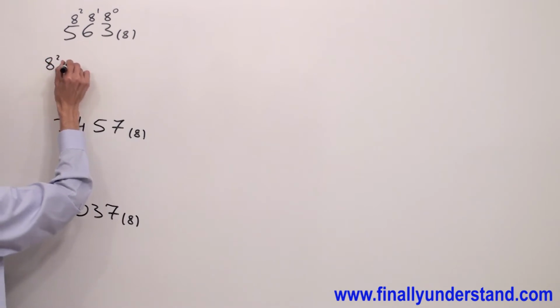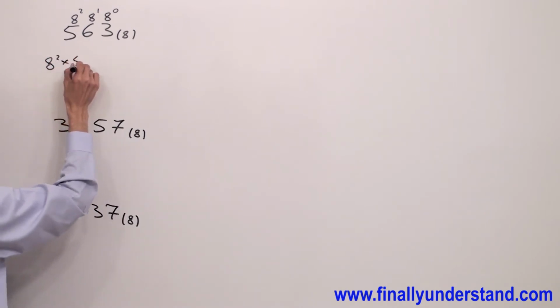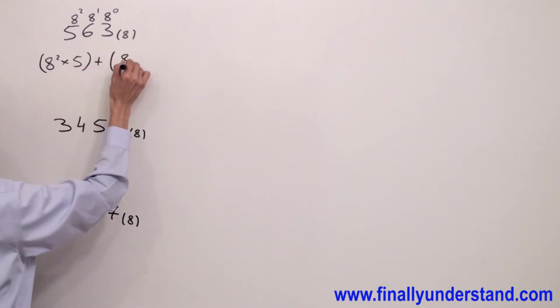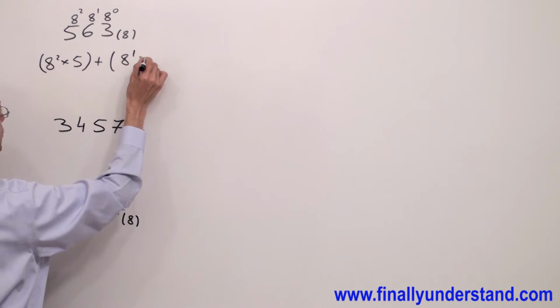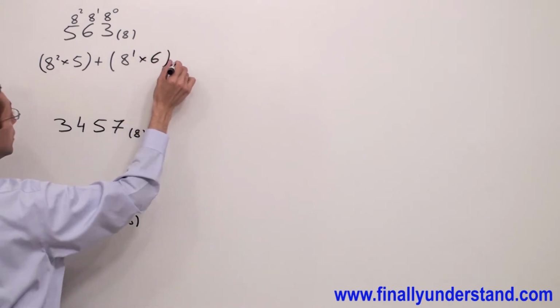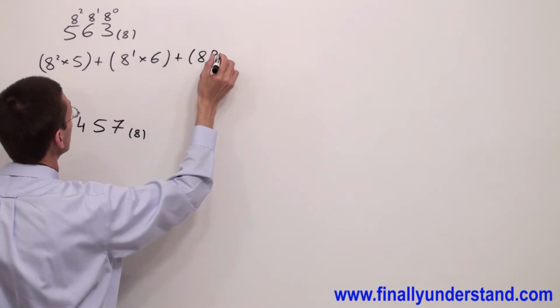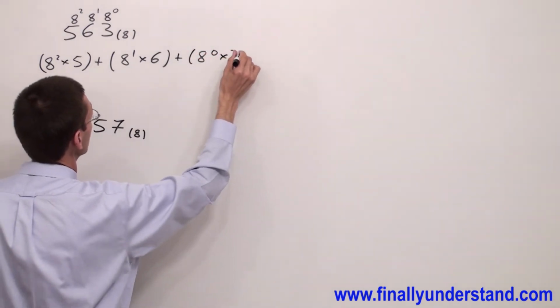to the second power times 5 plus 8 to the first times 6 plus 8 to 0 times 3.